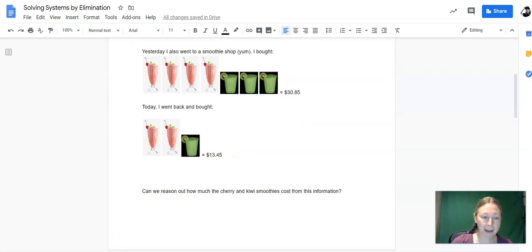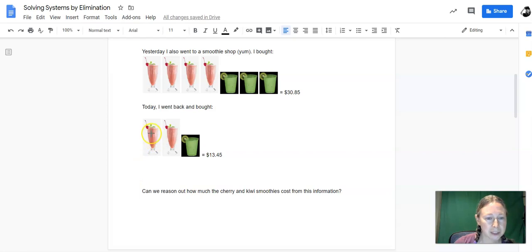Okay, and now that you're back, let's try to reason through this. In this situation, the difference between those 2 prices is not as straightforward as it was before. In the previous situation, if we just subtracted the 2 purchases, we only had cheeseburgers. But this time, if we subtract the 2 purchases, we still have 2 cherry smoothies and 2 kiwi smoothies. But one thing I noticed is that I could potentially double this purchase, and it gives me an easy path to elimination.